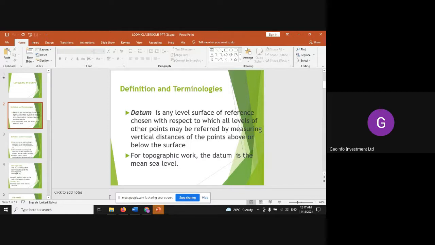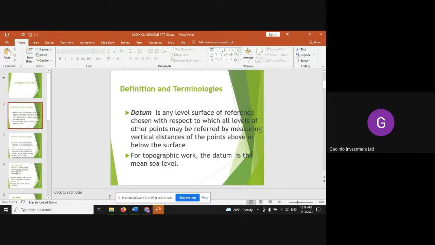Yes, basically that is the right answer. Datum is any level surface of reference with respect to which all levels of other points may be referred by measuring vertical distances of the point above or below the surface. Now, for topographical work, the datum is what? The sea level. Yes, it is the datum, the mean sea level.